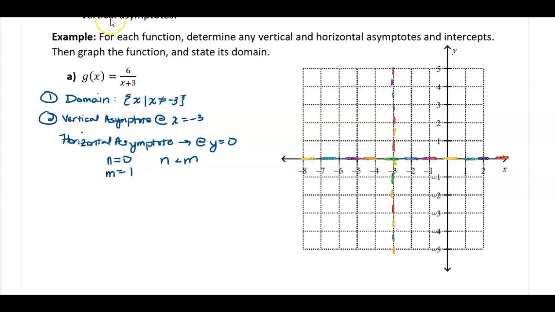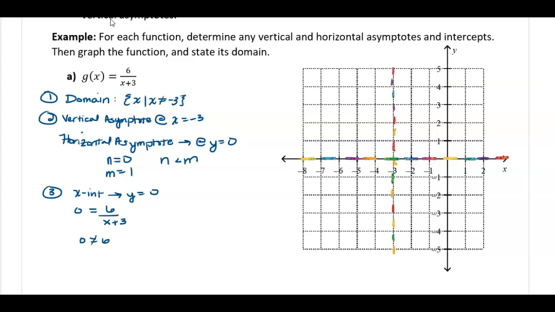Three, it said plot x and y intercepts. For the x-intercept, y equals 0. So 0 equals 6 over x plus 3. Right, and so 0 equals 6.